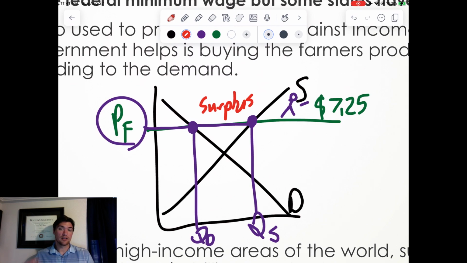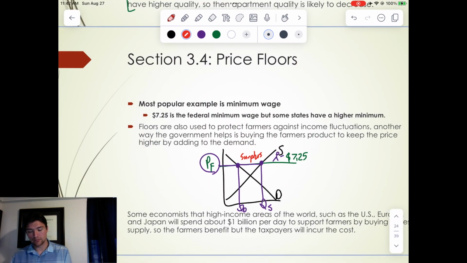So that's what the government does with the surplus sometimes. Other times they'll put a price floor at whatever it is, and they'll even try to help out the farmers by saying, here's some money, and we'll take care of the rest. So that's the whole thing about price floors.